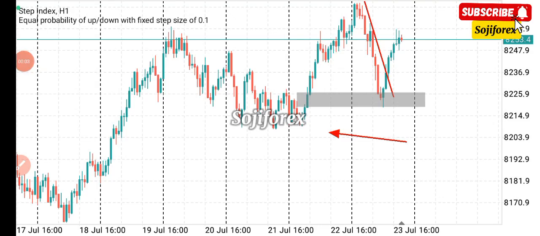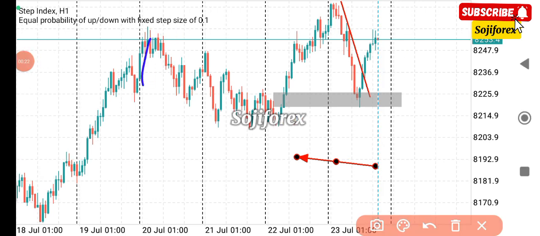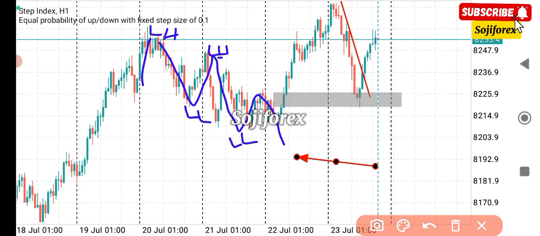So one of the important things to note is that when you see price moving this way on a higher time frame, it means if you go to a lower time frame, you'll be seeing a series of, this is what you will be seeing on a lower time frame, which means if I should go to my M5 or M15, I'll be seeing a series of a lower high, lower low, lower high, lower low.